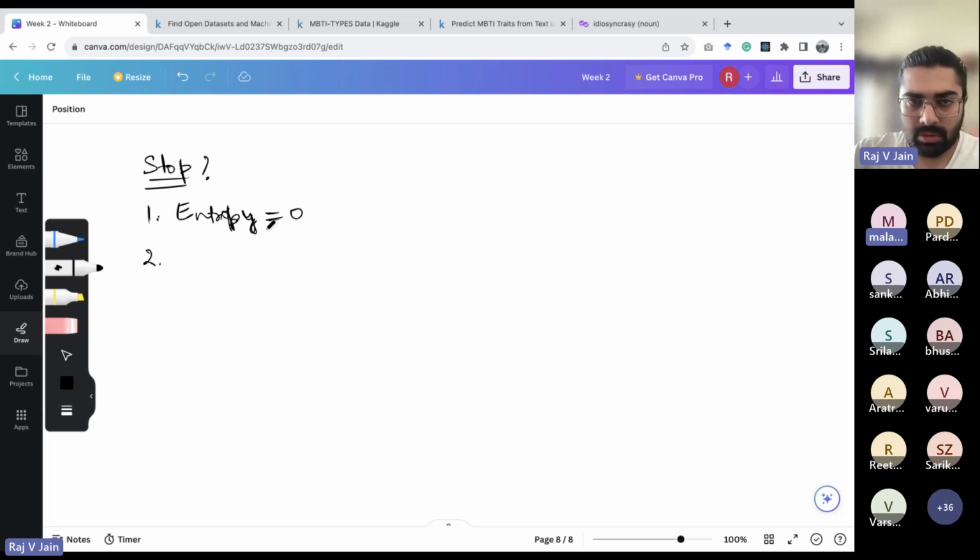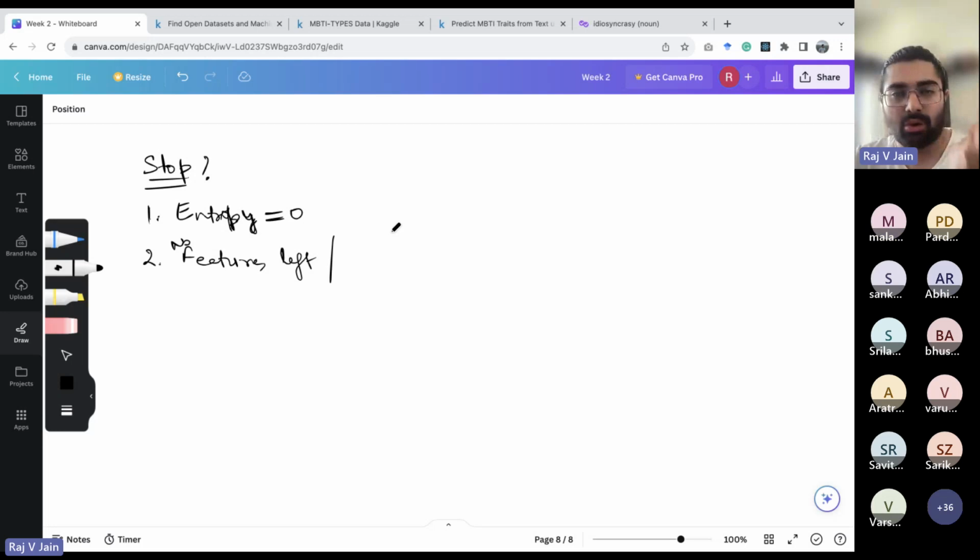Then we can stop, right? So there are no more features left, or even among the features which are left, all the values are the same. You will just have the same node again. You will not get any information gain by choosing a feature. So then also you can stop.